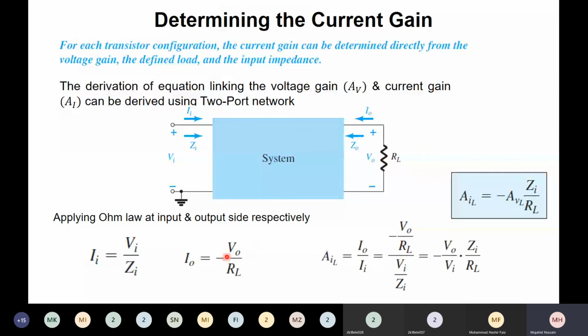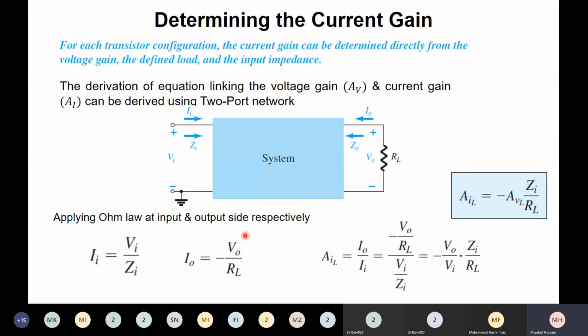This minus sign shows that you are measuring the voltage in a polarity that is opposite to the direction of current. Current is flowing upward and you are measuring the voltage in this polarity, so for Vo the current will be in minus. Okay, so you have the equations of the input current and the output current. So the ratio of output current to the input current will be your current gain. So substituting Io and Iin and rearranging, you get this equation.